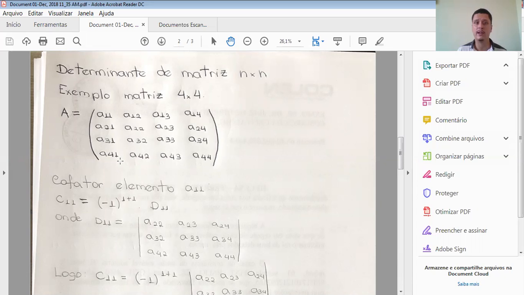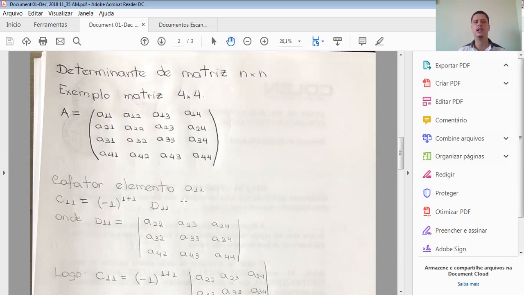So if we're calculating the cofactor of the element A1,1, it's minus 1 to the power of 1 plus 1. If it was the element 2,3, it was going to be minus 1 to the power of 2 plus 3. This power times the determinant that I'm calling here D11.